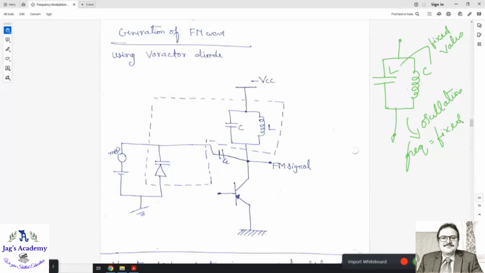And you know that the varying frequency depends on what? The message signal. Now you tell me the answer. Give enough work to your brain. What should I do? Tell me. Have you understood my question? To get a variable frequency, you have to do something with C and L.